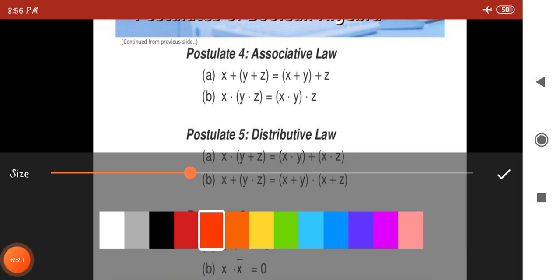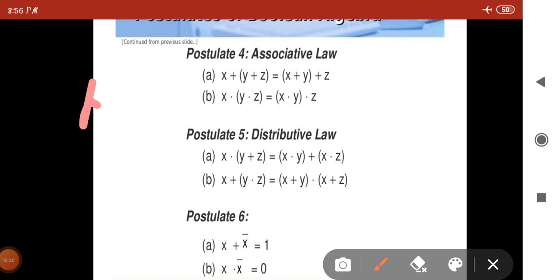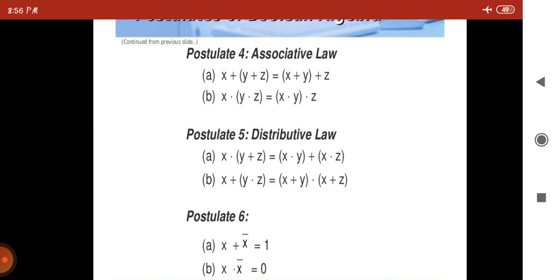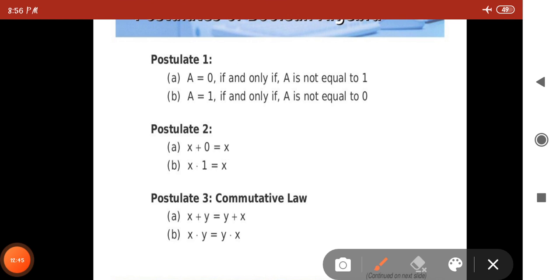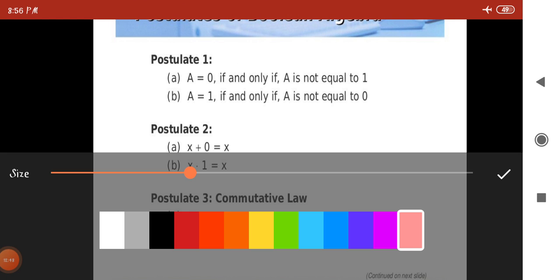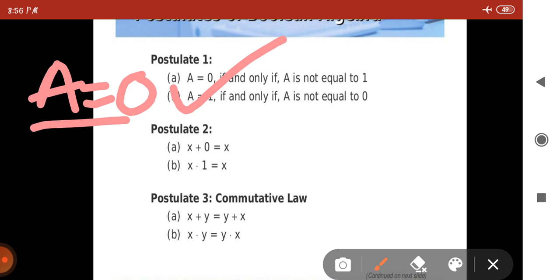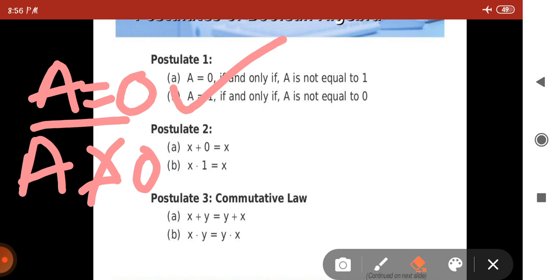If the condition a equals 0 is successful, obviously a is not equal to 1.